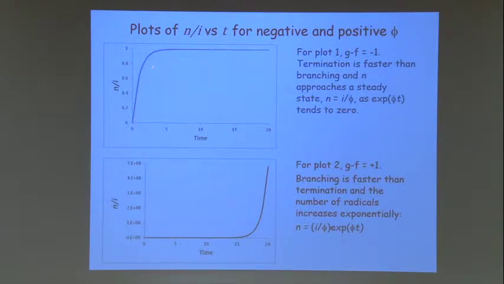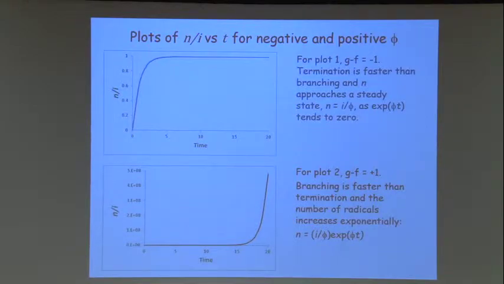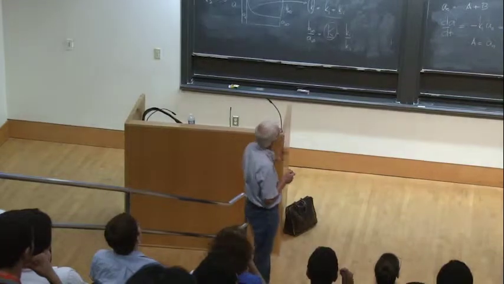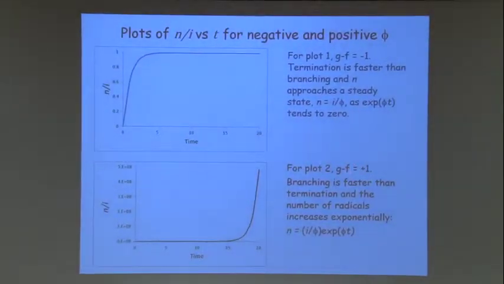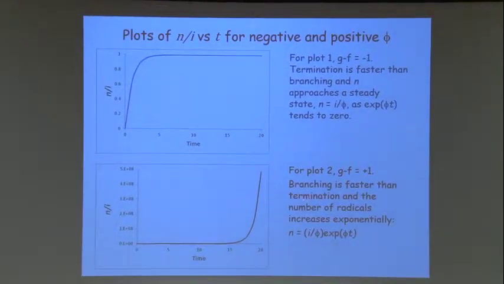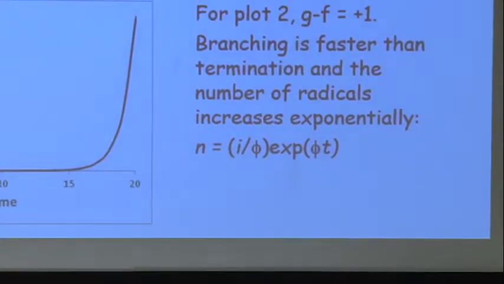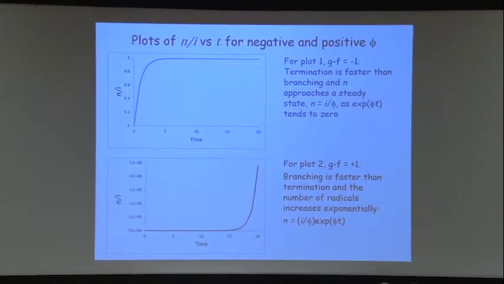And so the chain center concentration approaches a steady state, as it did in the H2-Br2 reaction. On the other hand, if phi is positive, in other words if branching is greater than termination, then branching is faster, and so this term now increases exponentially, and so the concentration of H goes up. And that's the basis of explosion in this sort of system.